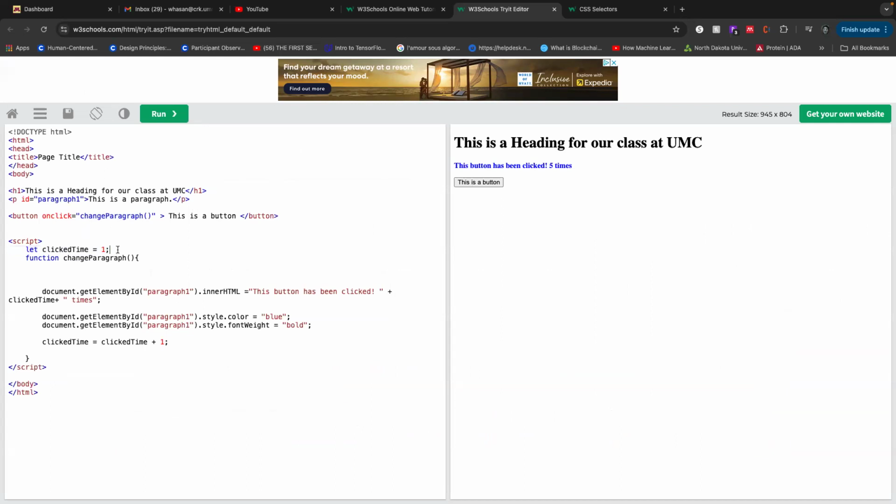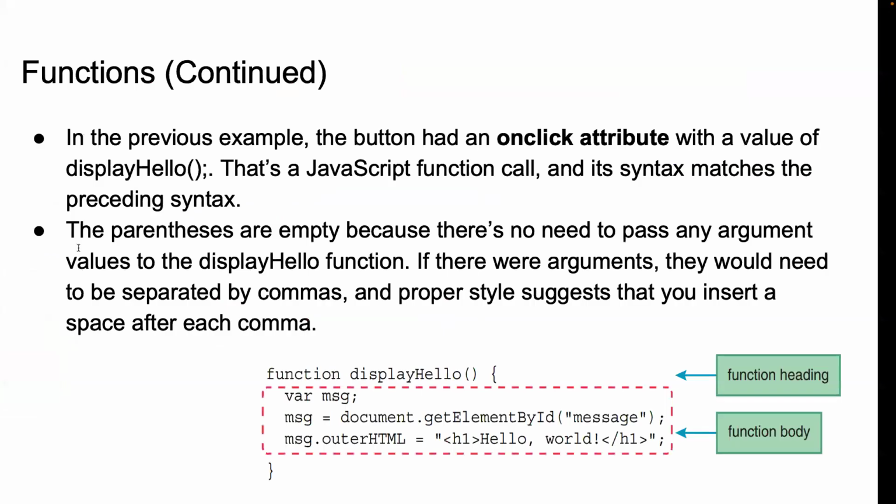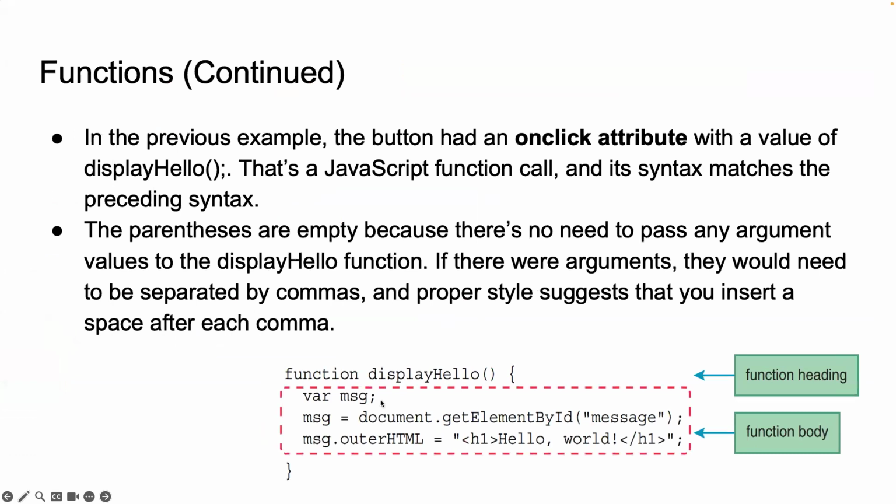This is not a local variable because this is not within the function. This is outside of the function code. This part is within the function, starting from this curly brace to this curly brace. This is outside of the function. So this is not a local variable, but within this example, this is a local variable.